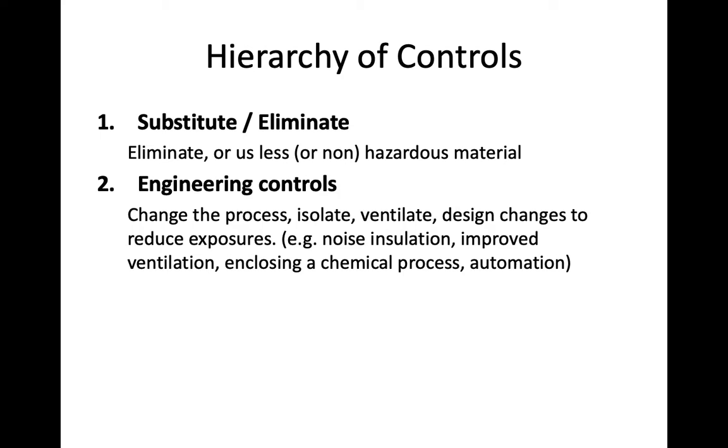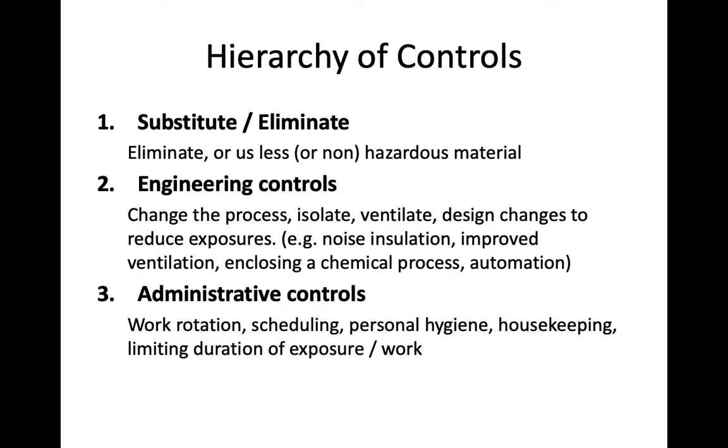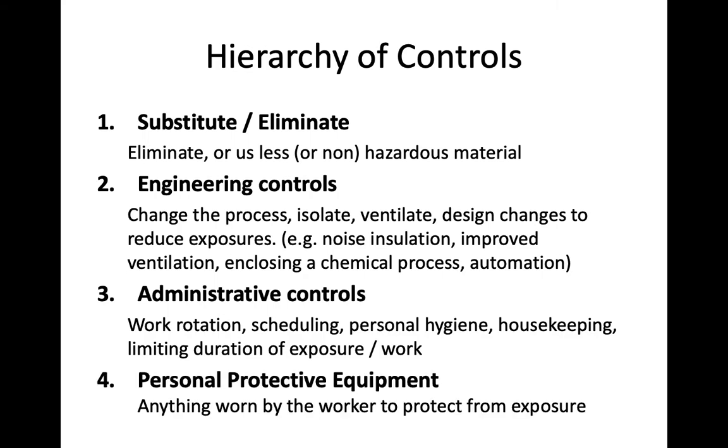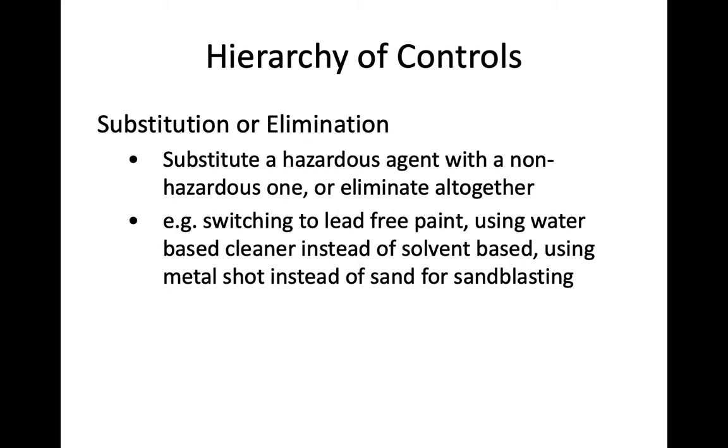And this can include noise insulation, improve ventilation, enclosing a chemical process, and automation. The next control is administrative, and this can include work rotation, scheduling, personal hygiene, housekeeping, limiting duration of exposure or work, and lastly, personal protective equipment, anything worn by the worker to protect from exposure.